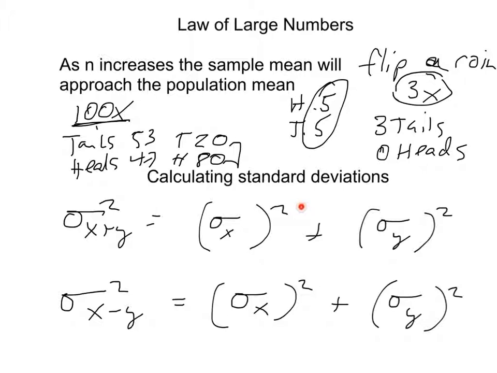You have to add and subtract the variances and then square root it. So if you're adding together two variances, you're going to take standard deviation squared plus different standard deviation squared equals this, and then if you want the standard deviation, you can just square root it. And the same thing goes here, even though you're subtracting.